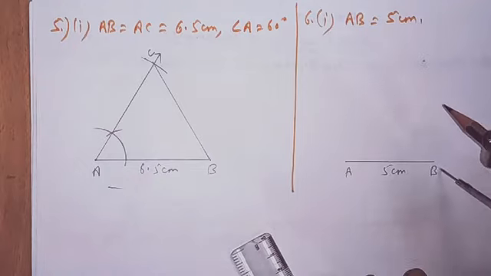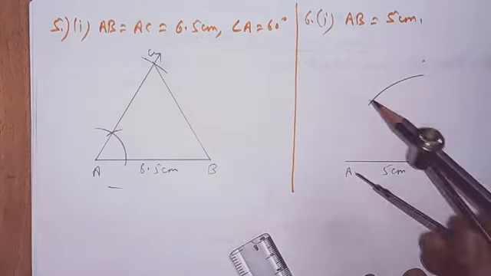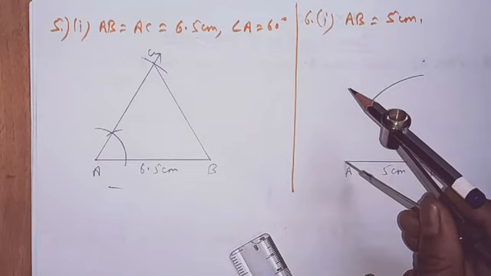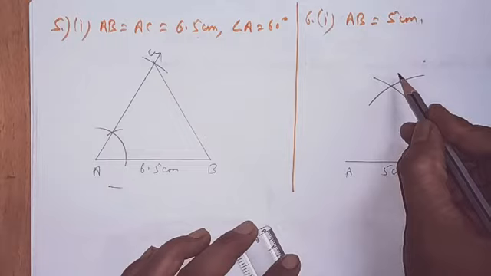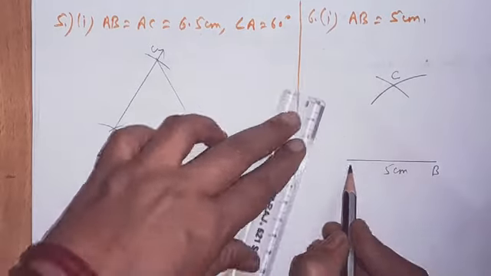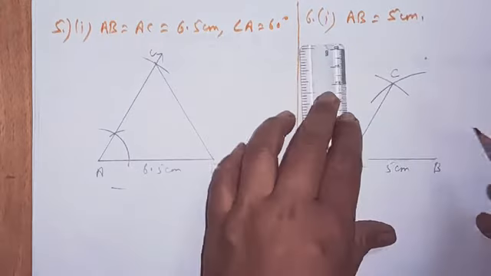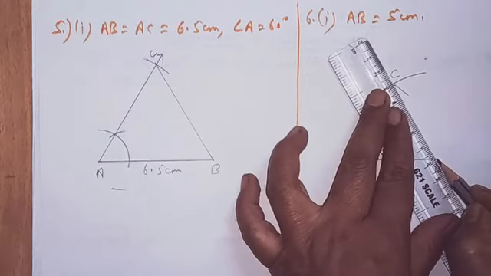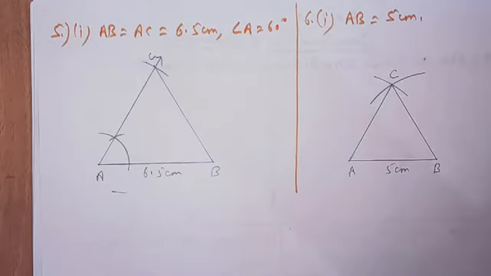For that I am opening the compass of the length 5 centimeter, marking an arc from point B and other from point A. Where these arcs intersect each other, that is my point C. Now join A to C and B to C. This gives your equilateral triangle ABC.